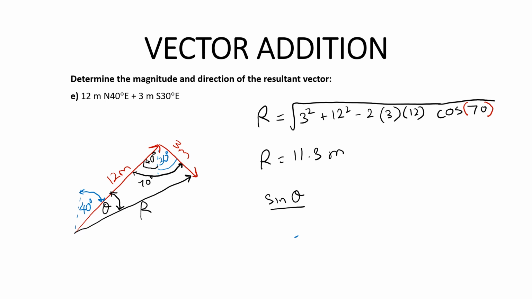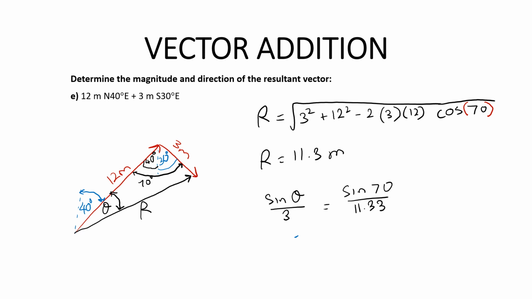So the opposite of theta is 3 meters, so sine theta over 3 equals sine 70 over the opposite side, which is the resultant, 11.3, or I can see here 11.33, so I will put 11.33.